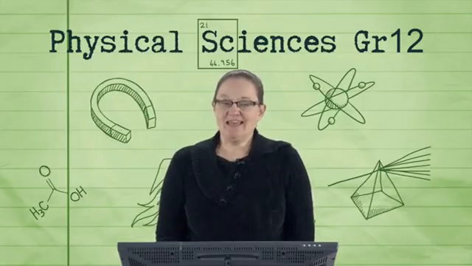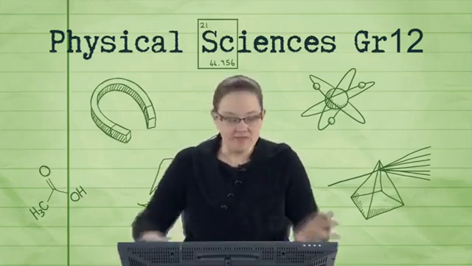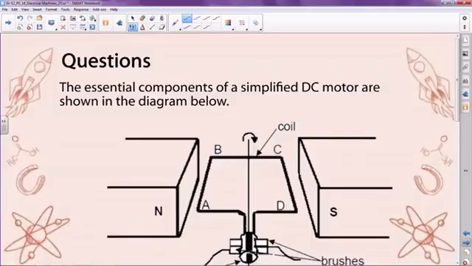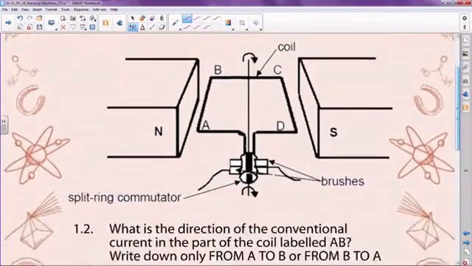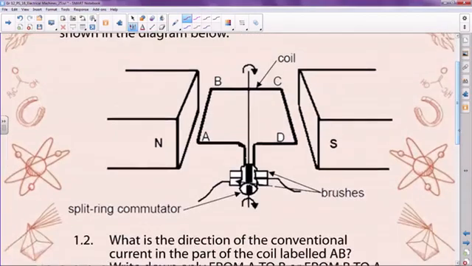Grade 12, I can just hear the arguments that are happening right now, more about what direction the current's going in than the other two questions. So if we look at these, the first question is, what is the direction of the conventional current? Now you have to look at the coil and use either the left hand or the right hand, it doesn't matter.